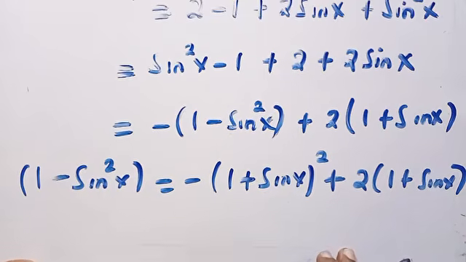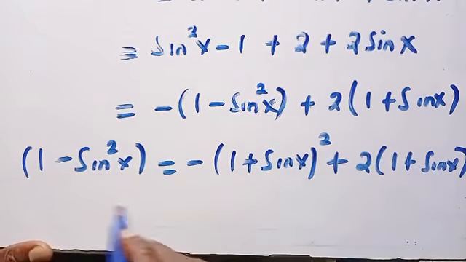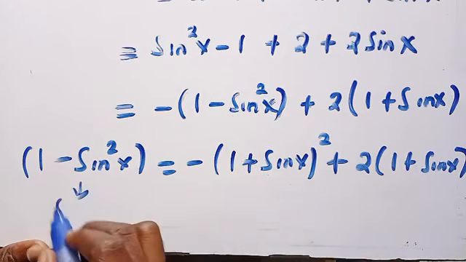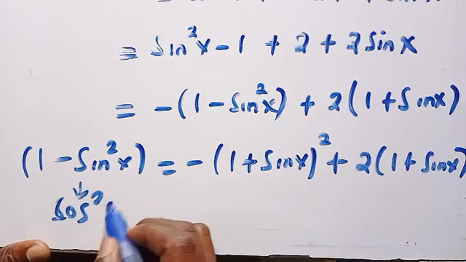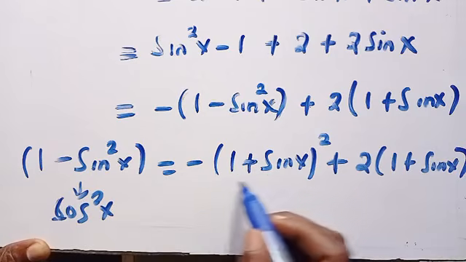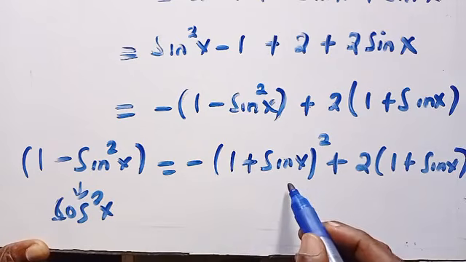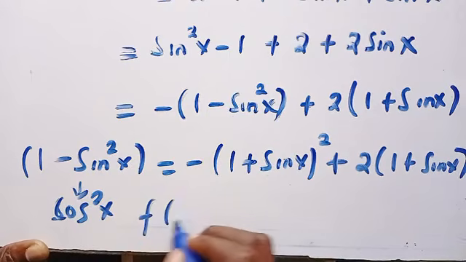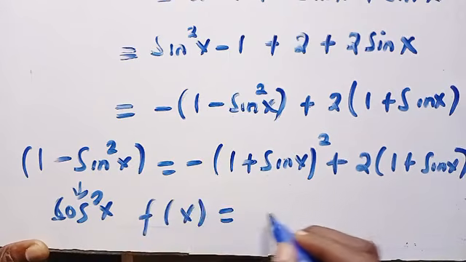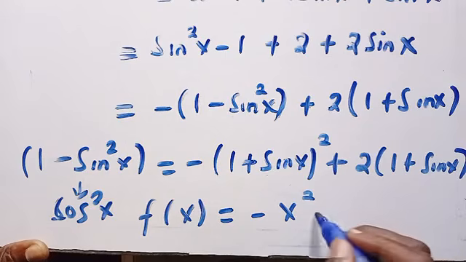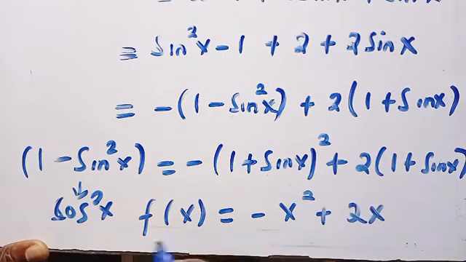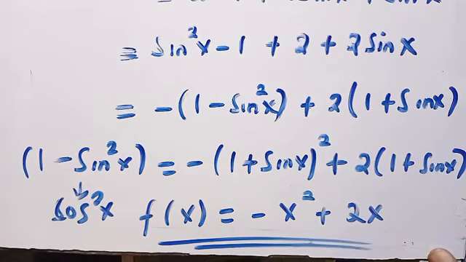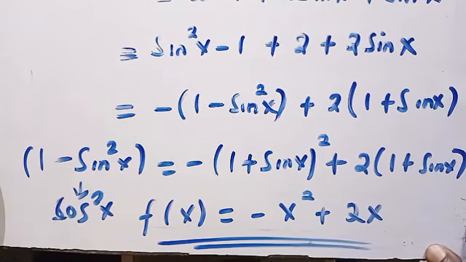Now we can change 1 minus sine squared x on the other side to cos squared x, and we change all of this to x. So the function is the same thing as f of x equals minus x squared plus 2x. Different methods, same question, and the same answer.